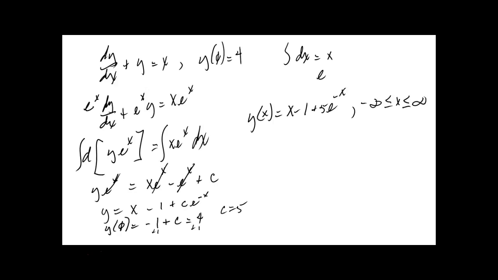But when C is some positive value, you're then adding to that a very small amount, because e to the minus x is small for positive x's, but huge for negative x's. So it blows up the more negative x gets, but the transient dies out for large x.